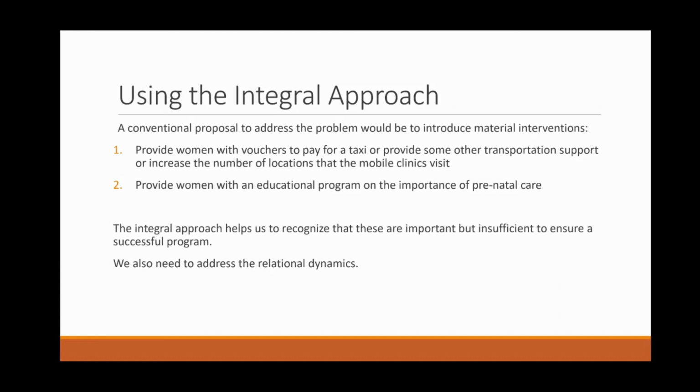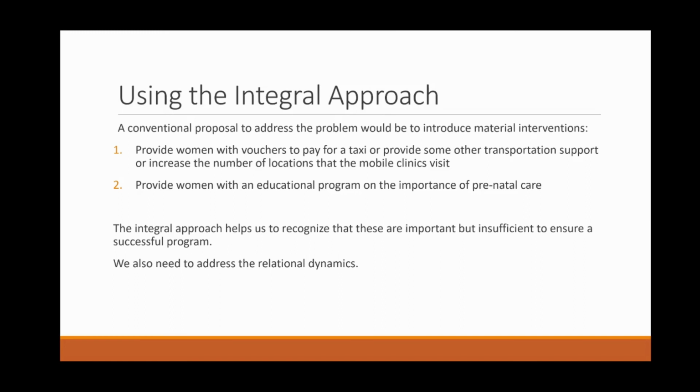That would help reduce the travel constraint. And you also could provide women with educational programs on the importance of prenatal care. Now, these are the types of conventional interventions that aren't bad. They're great, and they should be an important part of helping to solve the challenge of low utilization of the mobile clinics.